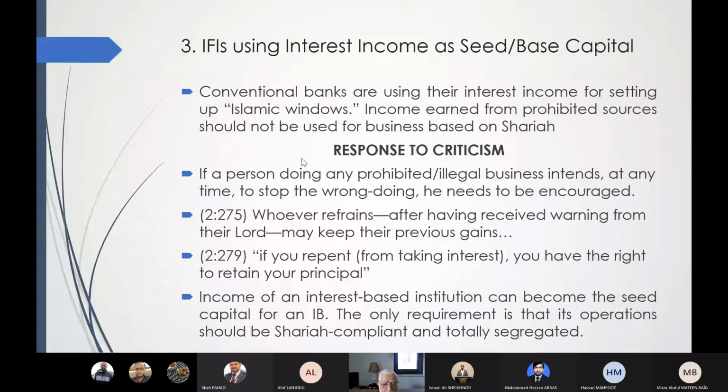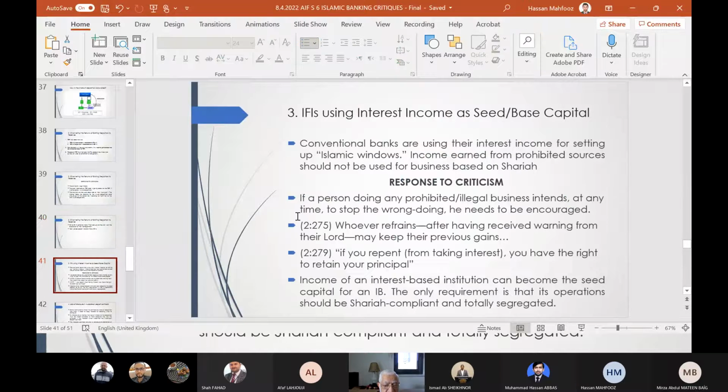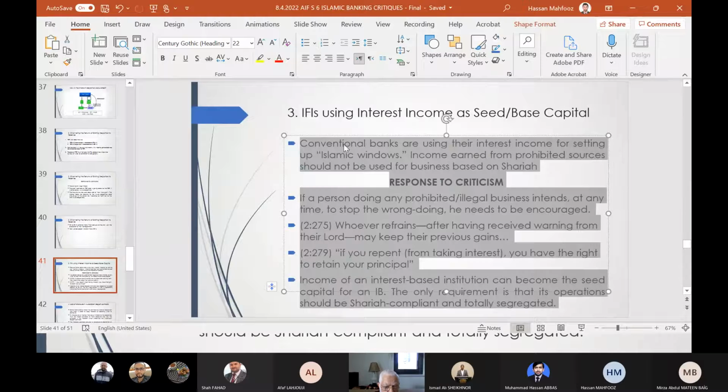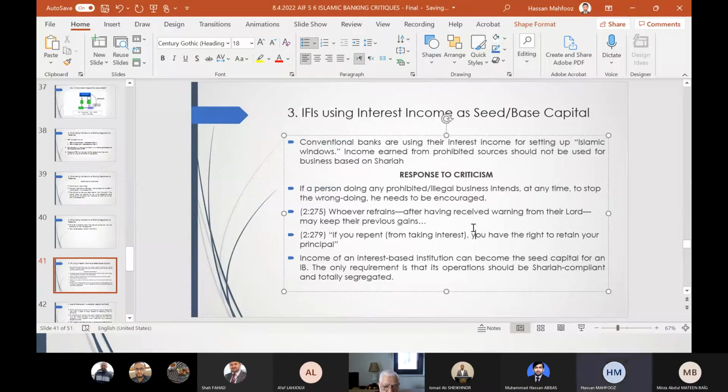Okay, now this second point in verse 275, this is hugely controversial. And probably there is unanimous opinion in all schools of fiqh that this was, at the time of the Prophet sallallahu alaihi wasallam, when riba was prohibited, they were told, we are not going to account you on the previous practices. So whatever you gained in the past, that is not related, and in the past it was not prohibited.